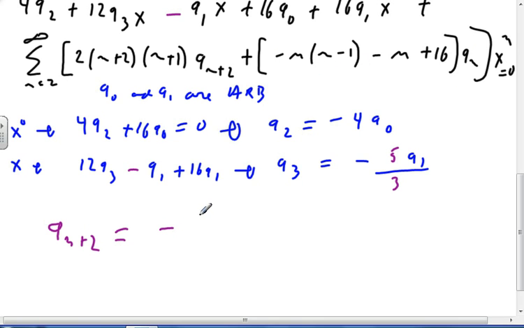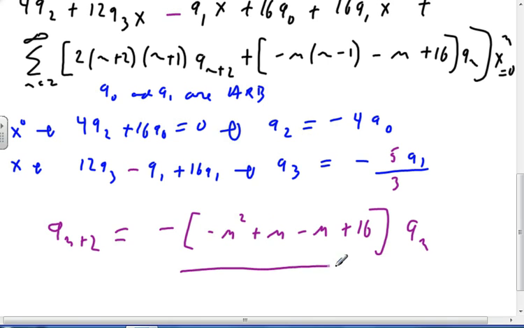So we're going to have minus, n squared plus n minus n plus 16, a_n divided by (2n plus 2)(n plus 1).